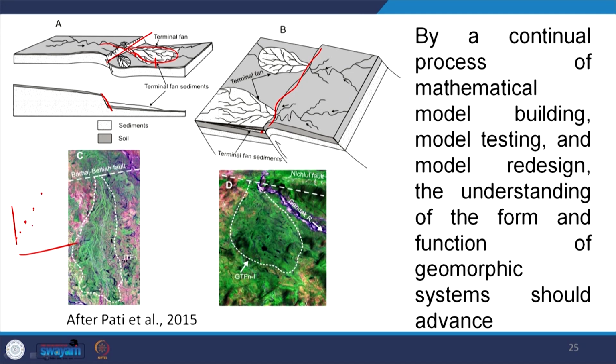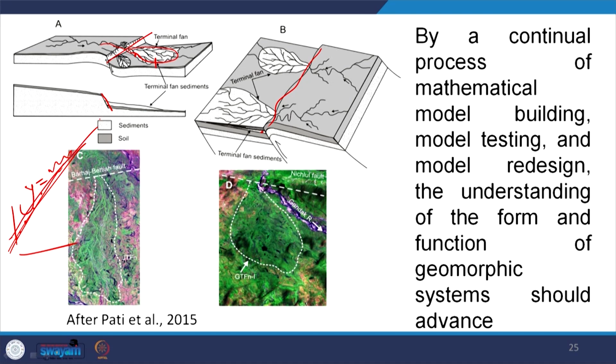That means we are fitting a straight line, y equals mx plus c. It is a mathematical formula, through which we can predict when the next earthquake or the next surface rupture is expected. By this way we can predict for the future.